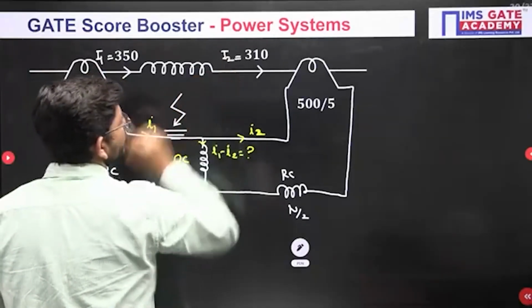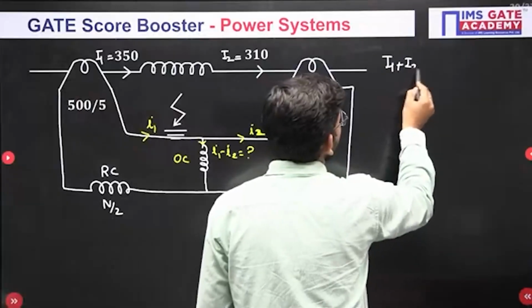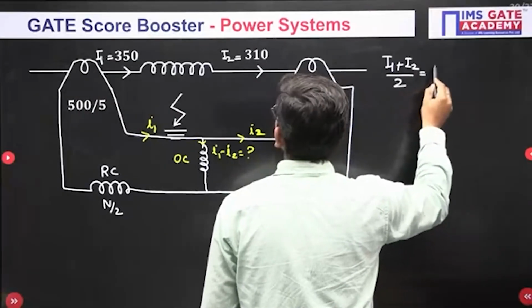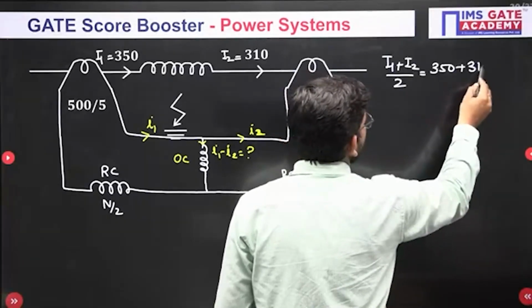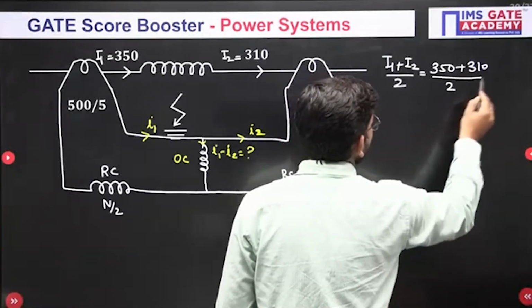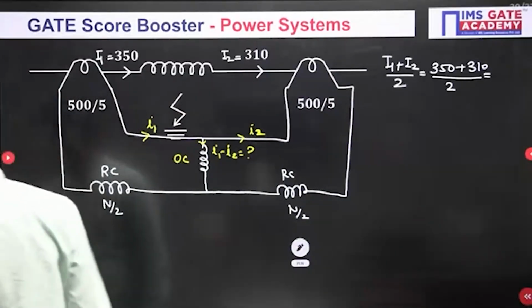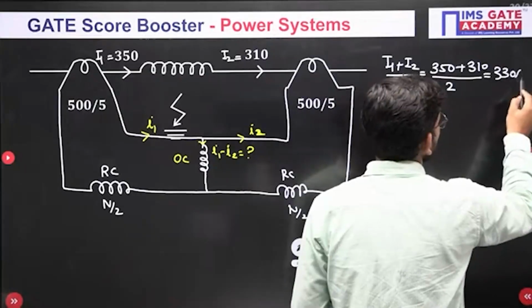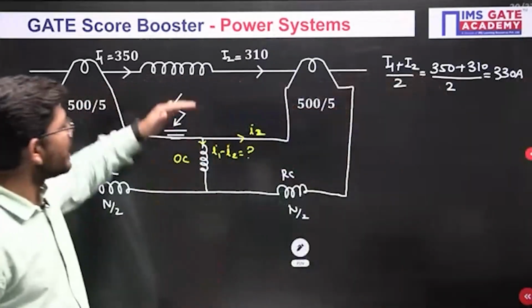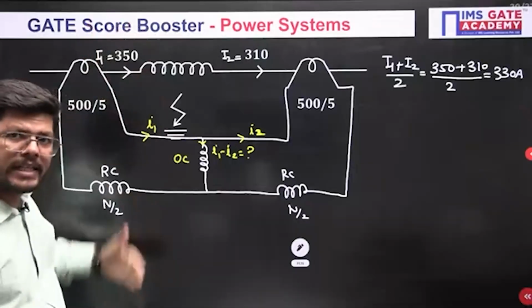Can you tell me what will be (I1 plus I2)/2? This will be (350 plus 310) divided by 2. How much will we get? We will get 330 amperes. Now this is at the primary side of the CT. What will be the values at the secondary side of the CT?